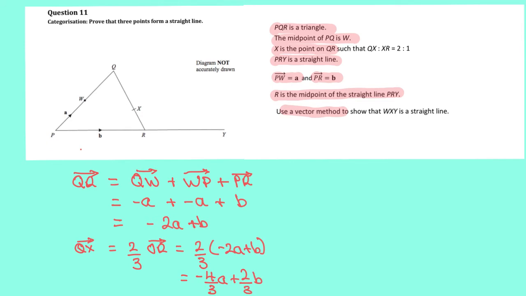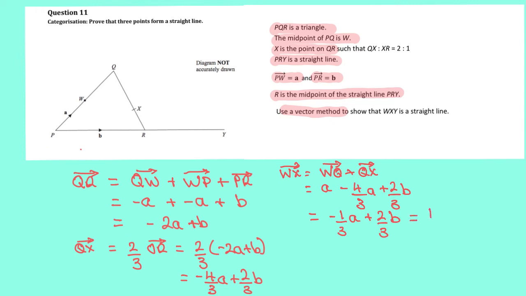We can now find WX, which is equal to WQ plus QX, which is equal to A minus 4/3 A plus 2/3 B, which is equal to minus 1/3 A plus 2/3 B. If we factorize this, we get 1/3 of minus A plus 2B.